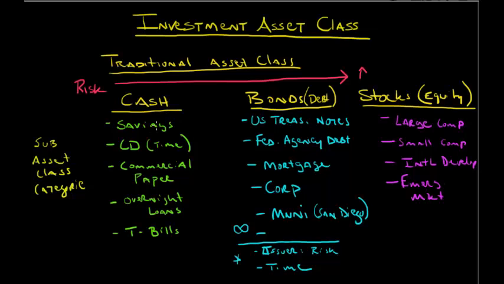So what happens when we look at not only just an asset class category, but then we want to know what's the sub? If someone comes up to me and says, well, I'm invested in bonds, my first question as a financial planner is going to be, well, which bonds? And maybe it's well diversified, meaning they've got any number of different issuers and any number of different time lengths.